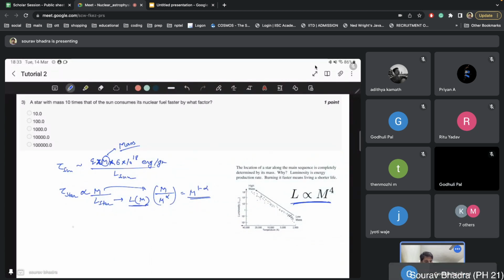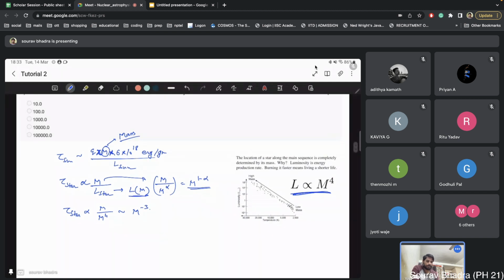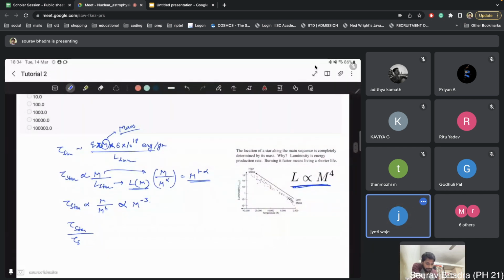So if you follow this, L varies as m^4, that means your tau star will be m by m^4, that means m to the power minus 3, right? All other factors will be there, that's why I am writing it as proportional. But if you compare it with the Sun, tau star by tau sun will be m star to the power minus 3 by m sun to the power minus 3. All the proportional terms will be cancelled out.